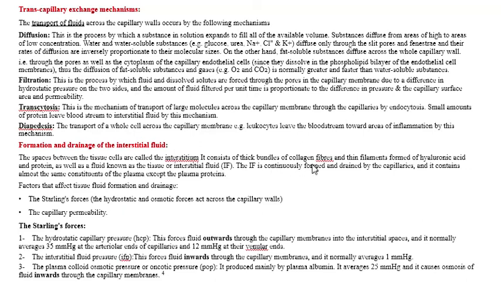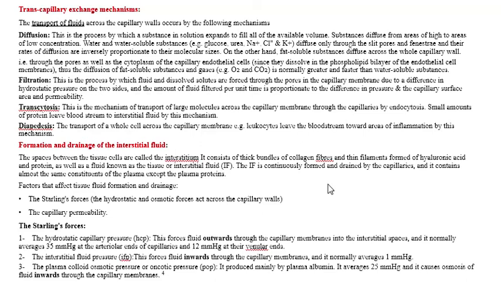Usually it contains collagen, thick fibers and filaments, and also hyaluronic acid, the matrix, protein, and fluid. The interstitial fluid is formed continuously and drained by the capillaries, and it consists of almost the same constituents as the plasma. I mean, interstitial fluid has the same concentration as the plasma.